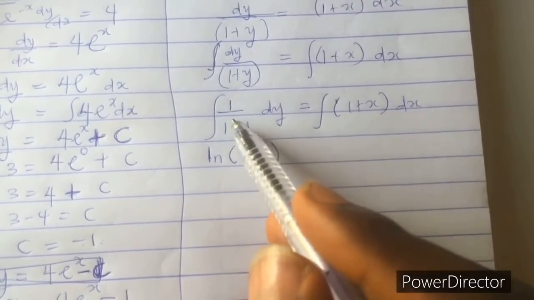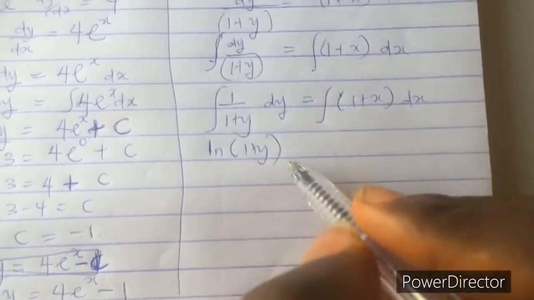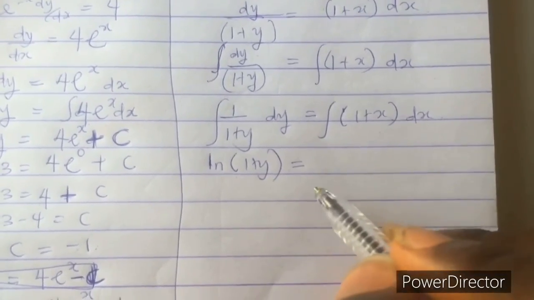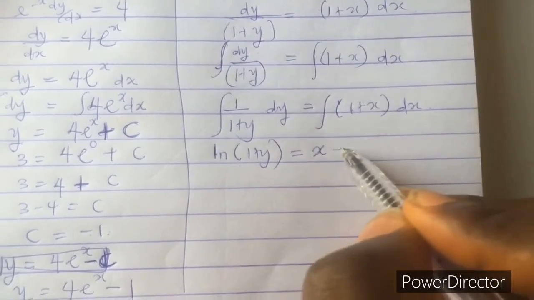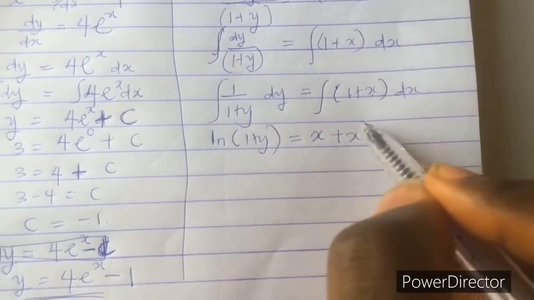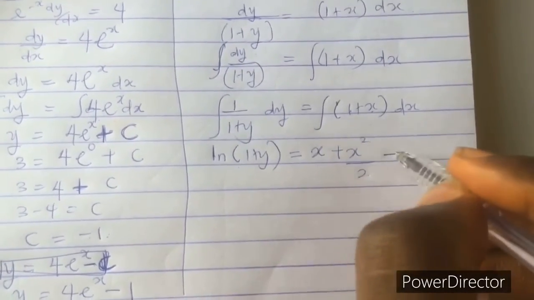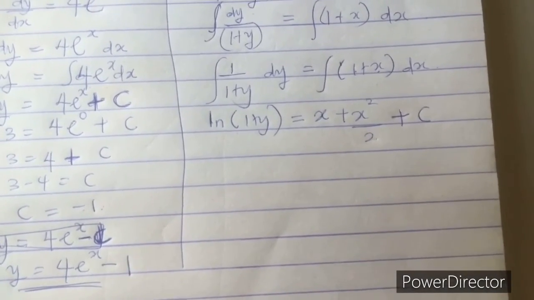So the integral of 1 over 1 plus y is ln(1 plus y), and that equals the integral of this: your 1 will be x, plus your x will be x squared all over 2, plus c. Yeah, plus c. That's all on that.